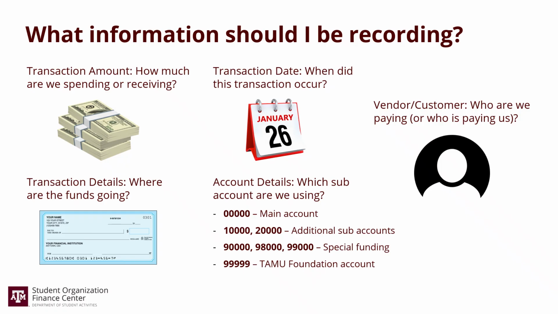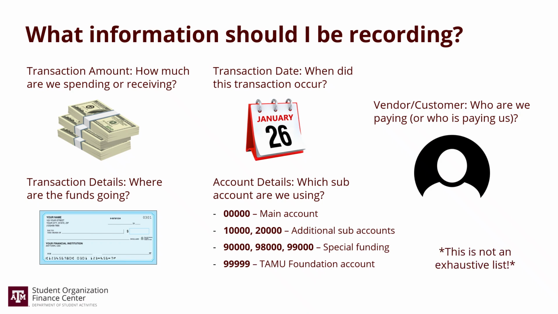If you have an account through the TAMU Foundation, it will be designated 99999, or all nines, and other special funding accounts like SOFAB or Goodwill will have 98,000 or 99,000, among others. Student organizations will also have the option to open any additional subaccounts upon request. These additional subaccounts usually take the form of 10,000, 20,000, and so forth.